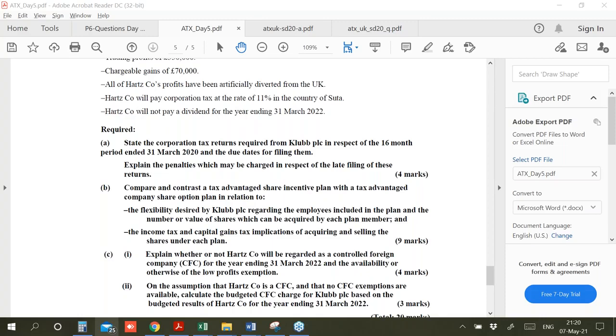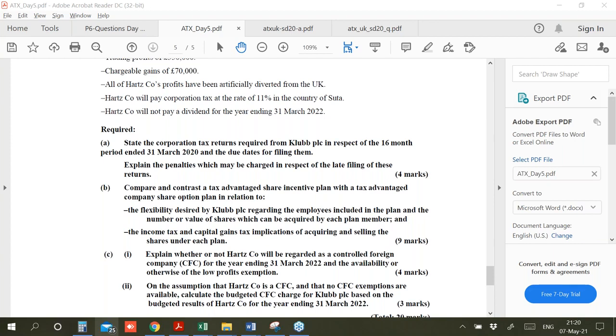So we'll be telling which one is more flexible, and Club PLC will tell us in the question what kind of flexibility they are talking about. Regarding the employees included in the plan and the number or value of shares which can be acquired by each plan member.